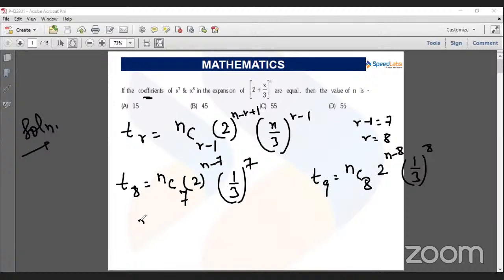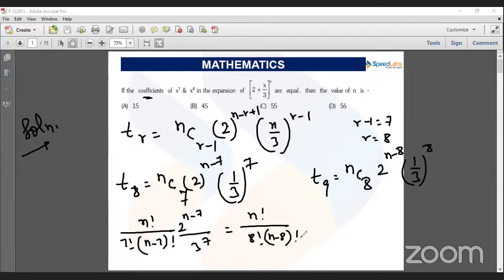So if you solve it, it will be n factorial by 7 factorial (n-7) factorial, 2 power (n-7) upon 3 power 7, is equal to n factorial by 8 factorial (n-8) factorial, 2 power (n-8) by 3 power 8. Cancel it, you will get the answer from here. As simple as that. This will cancel, 3 will remain here, and this will cancel, 2 will remain here, 8 will remain here, and n minus 7 will remain here.